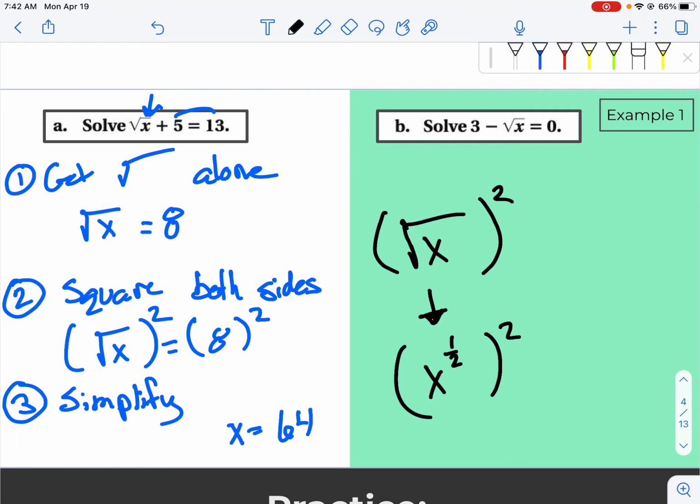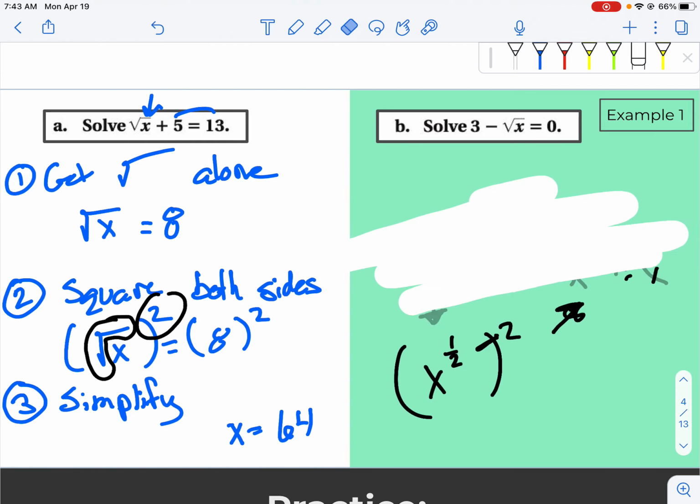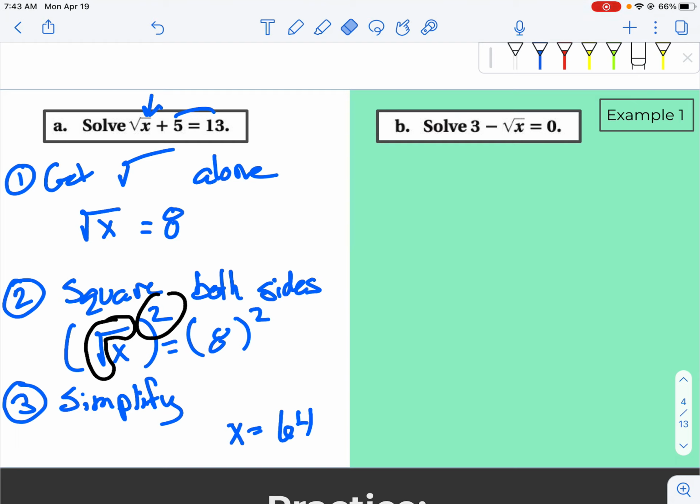Our square root is just x to the 1/2. And then with our power of a power rule, we can multiply these. So this would just be x to the 1, so that just gives us x. So that is why we can undo this square root here by squaring both sides. So there's the logic and math behind that.